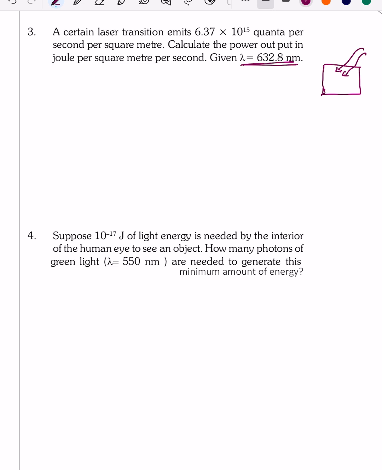So for this you need to know that for one photon how much energy is required. So let's calculate that first. Energy of one photon will be equal to hc upon lambda.